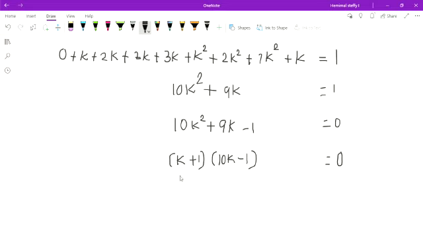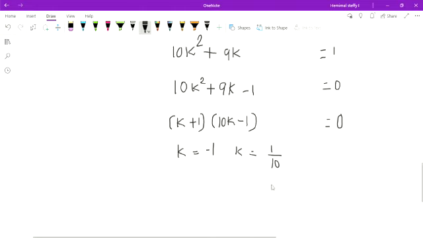You know that k is equal to minus 1 or k is equal to 1 by 10. So k equal to minus 1 is not possible because it is a negative value. So I can take k is equal to 1 by 10. So we get k is equal to 1 by 10.